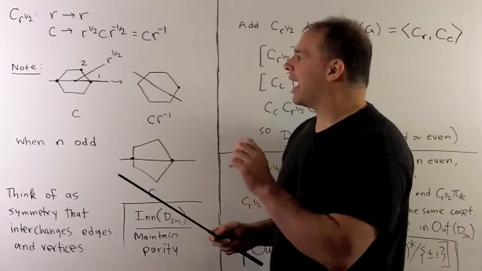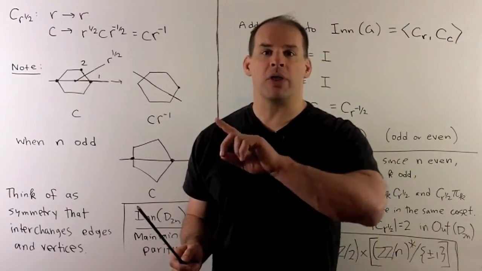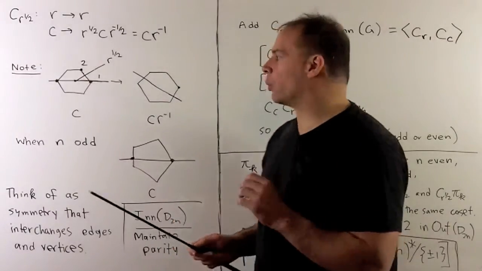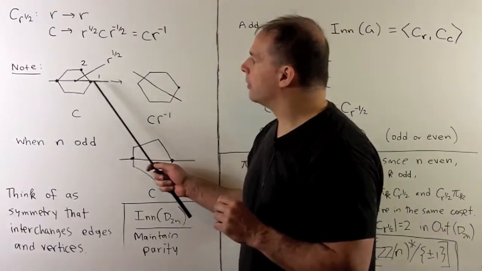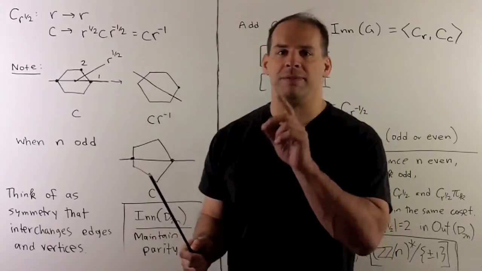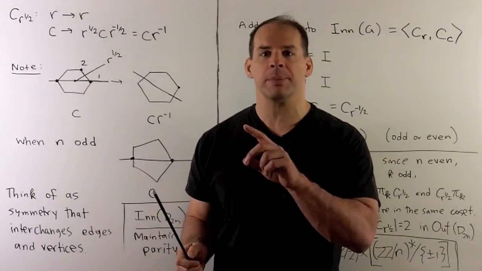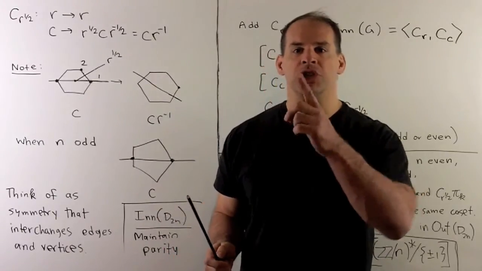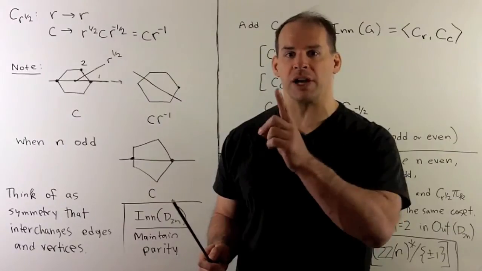We're sending axes of reflection to other axes of reflection. Now, what's special about R to the 1/2, you'll note, it's going to carry an axis of reflection for a reflection that fixes an opposite pair of vertices to one that fixes an opposite pair of edges. So it's interchanging these two types of reflections.